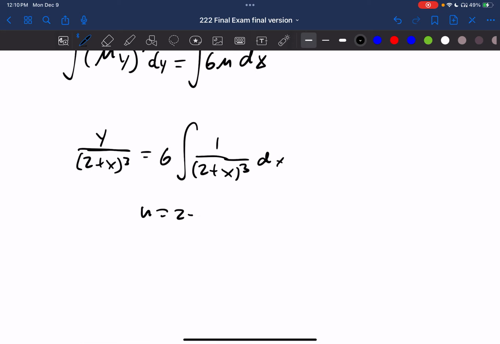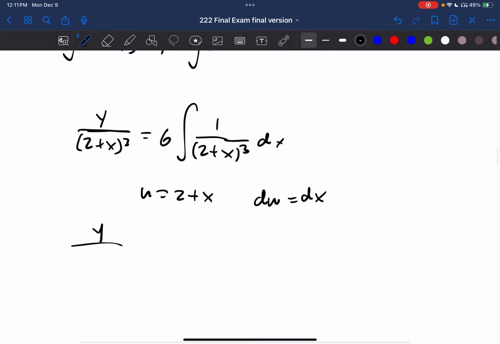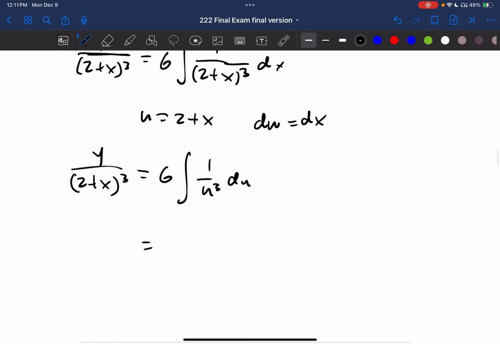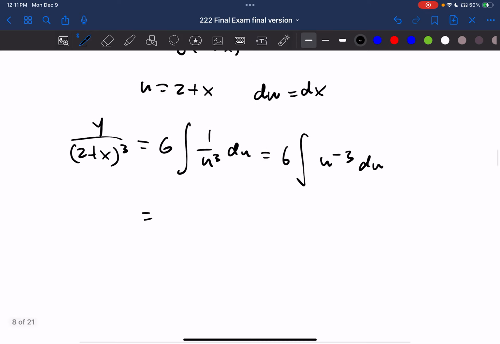If we set u equal to 2 plus x, du would be equal to dx. Therefore, mu times y will be equal to 6 integral of 1 over u to the third power du. Actually this will be like this, integral of u to the negative 3 du.